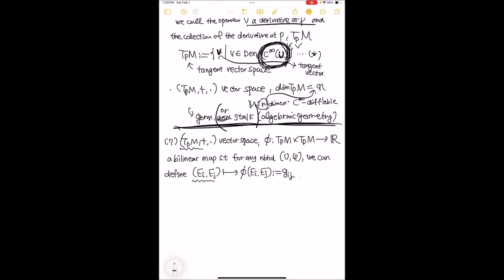Precisely speaking, that is a vector field, local coordinate frames.